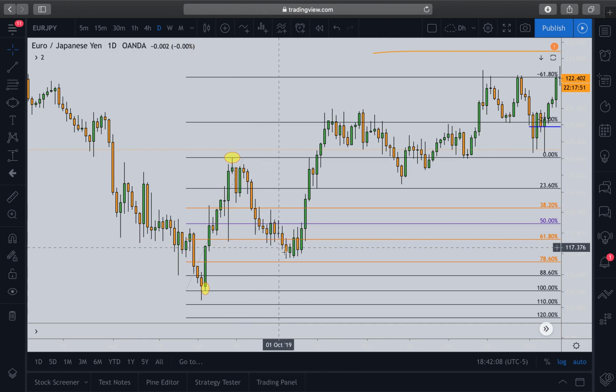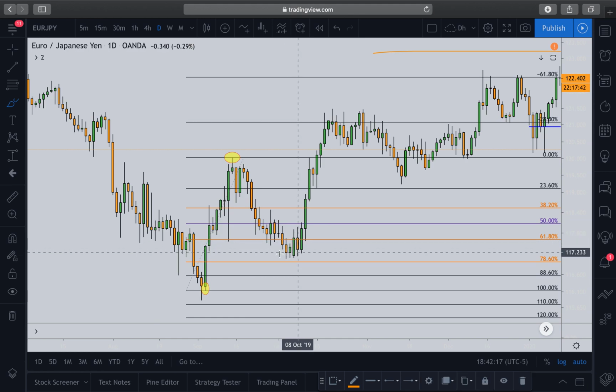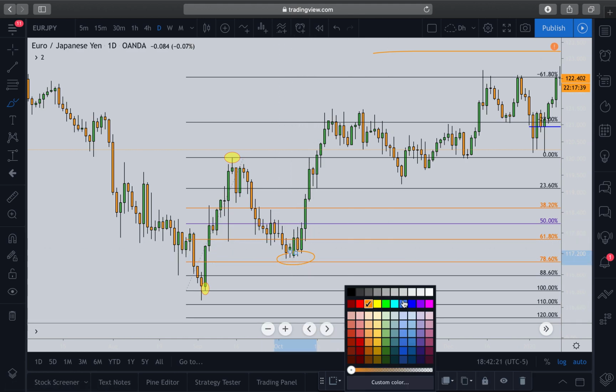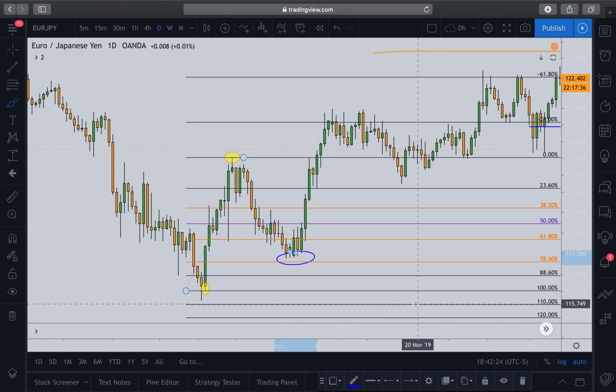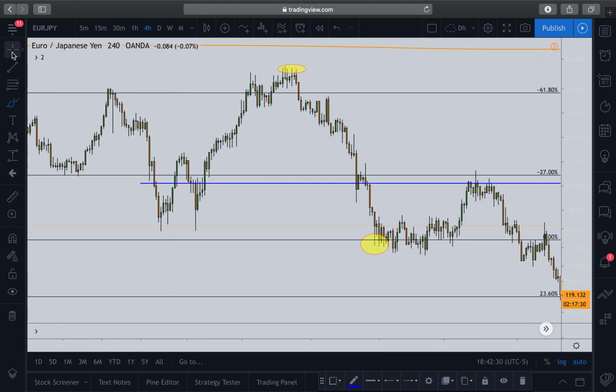Price came all the way down. This is technically, to me, a 786 retracement because it broke above 61.8, but it respected the 786 level. But all it did was respect it. All you got to do is go down to a lower time frame, and literally go check it out.